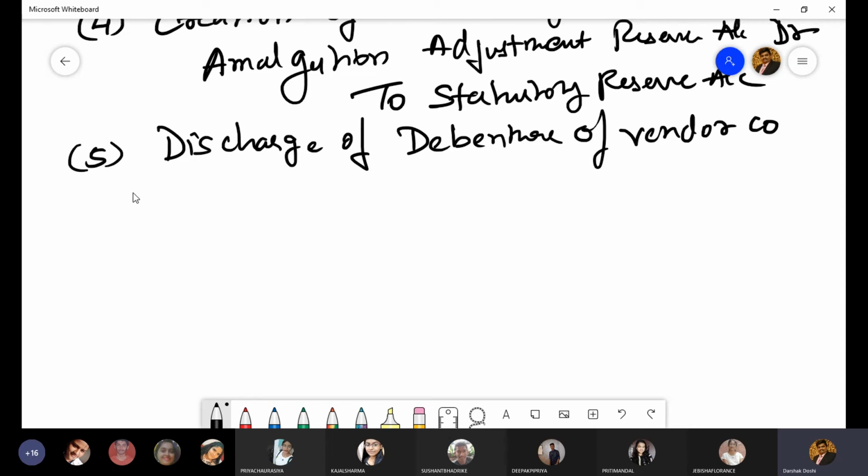So in that case, in case of amalgamation, the debentures of the old company or vendor company are exchanged for debentures of the purchasing company. Debentures of vendor company are exchanged for debentures of purchasing company. Yes, there may be some settlement done saying that for ₹1,000 you will get only ₹900.